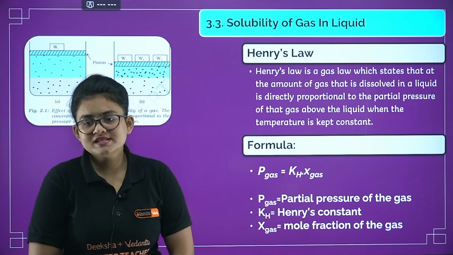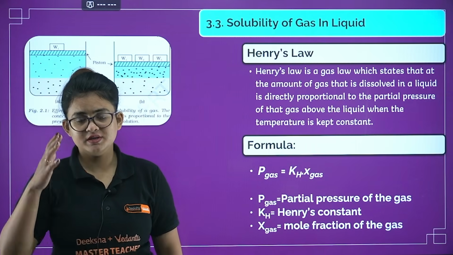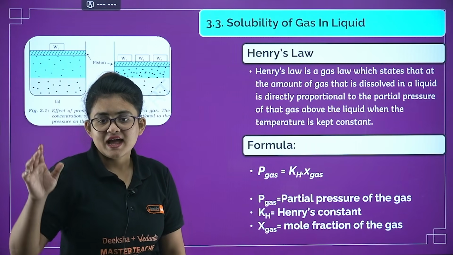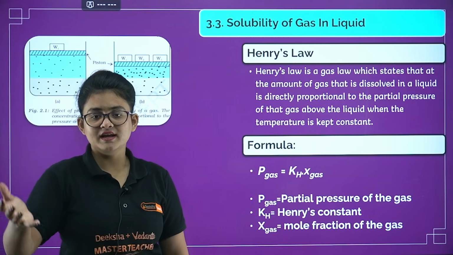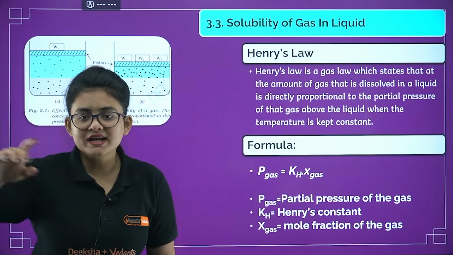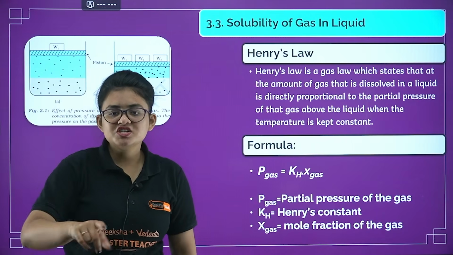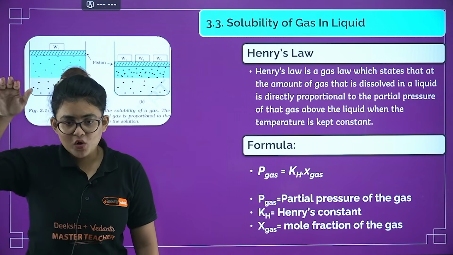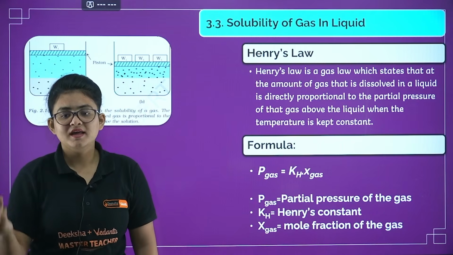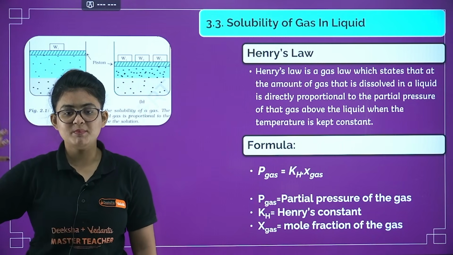Henry's law is a gas law that states that the amount of gas dissolved in a liquid is directly proportional to the partial pressure of that gas above that liquid. Meaning the more the pressure, the more the solubility, directly proportional to the partial pressure.